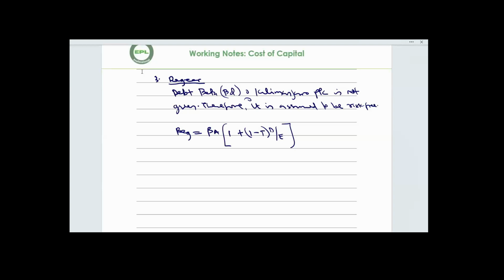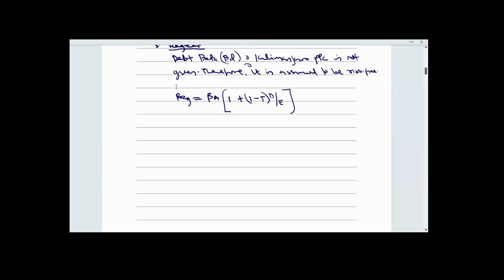In this case, the main company is Kilimanjaro. So I need equity value, debt value, tax rates, and then debt beta of Kilimanjaro. So we have identified that debt beta is assumed to be risk-free since we are not given. Therefore, I need equity and debt value as well as a tax rate of Kilimanjaro. So let's go and work it out.